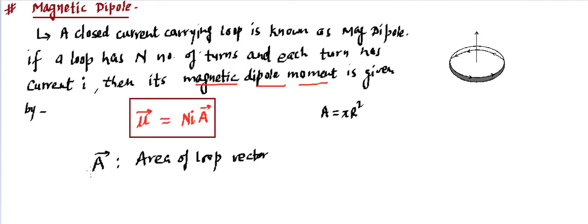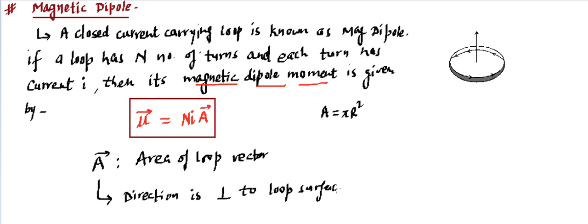What is the direction? As far as the direction is concerned, the direction is perpendicular to the loop surface. When we talk about area, area is always perpendicular to the surface. And in perpendicular there will be two directions, out of which we need to decide which direction it is.